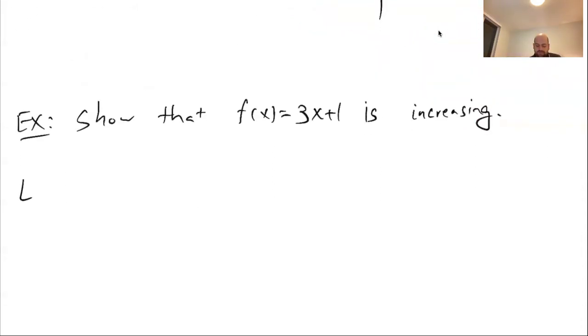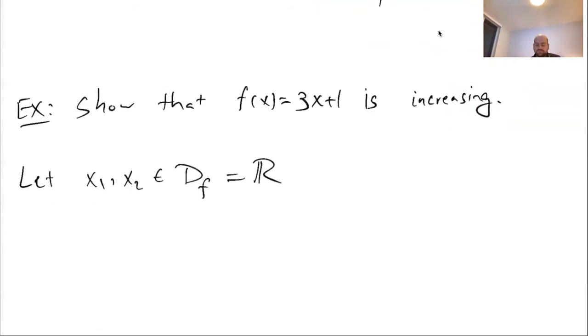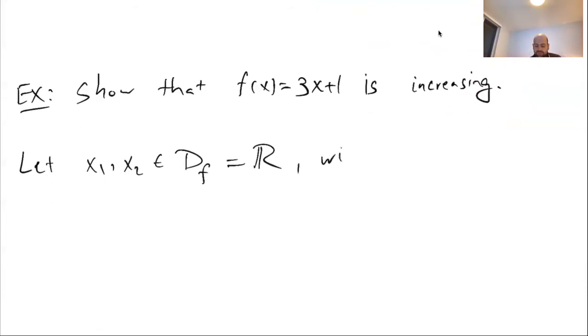So let x1 and x2 be two numbers in the domain of f, which in this case is all real numbers, with x1 less than x2. Then I have to show that f of x1 is less than f of x2. Well, f of x1 will be 3x1 plus 1, f of x2 will be 3x2 plus 1, because f of x is 3x plus 1.